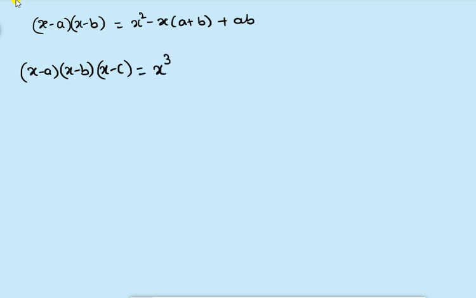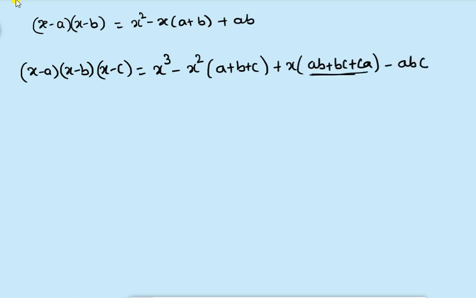We can write this as x cube minus x square into (a plus b plus c) plus x into (ab plus bc plus ca), sum of the product of the terms taken two at a time, right? Minus a into b into c.